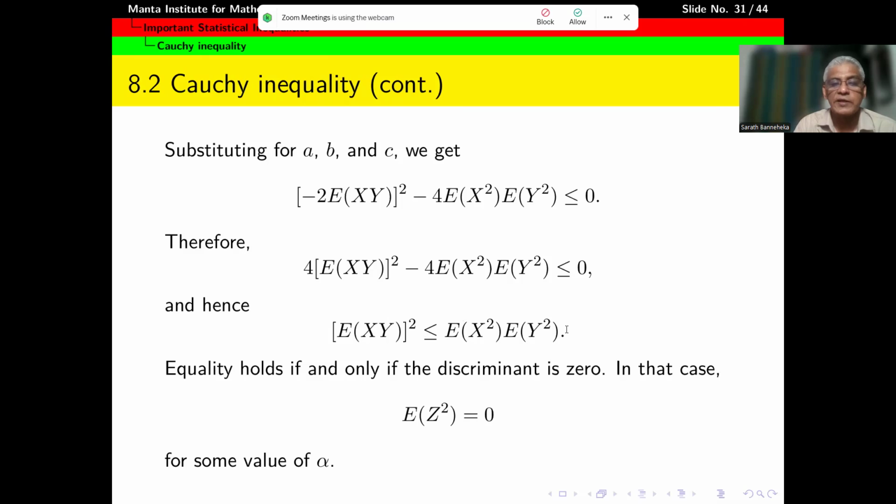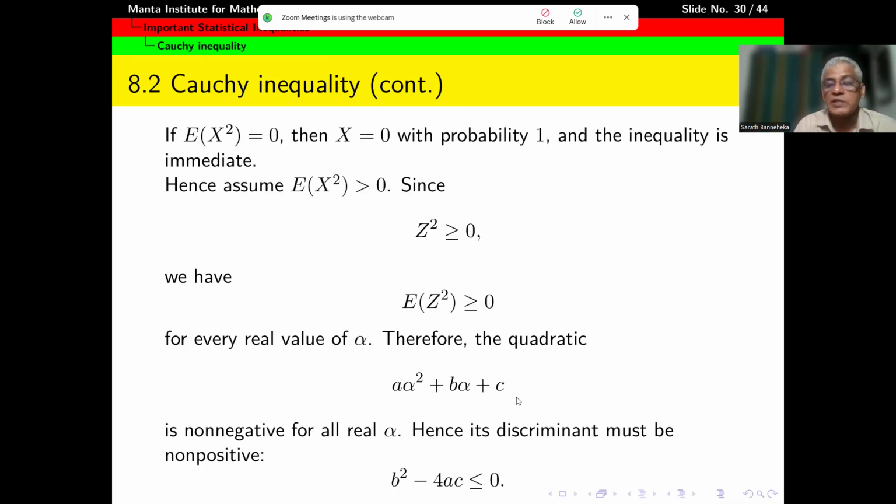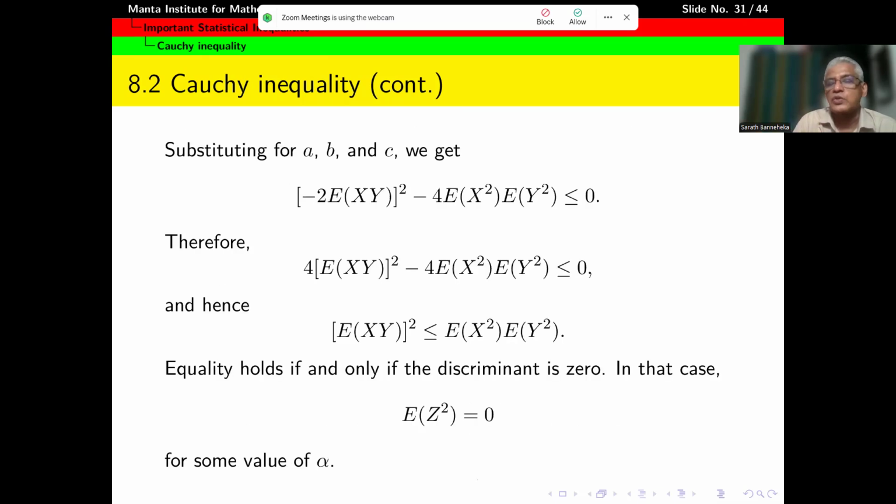So in order to prove that, notice that this thing will be equal if the equality happens in this equation, right? So that means the discriminant is equal to 0. If the discriminant is equal to 0, as I showed you earlier in the picture, there will be only one root where that function will be equal to 0.